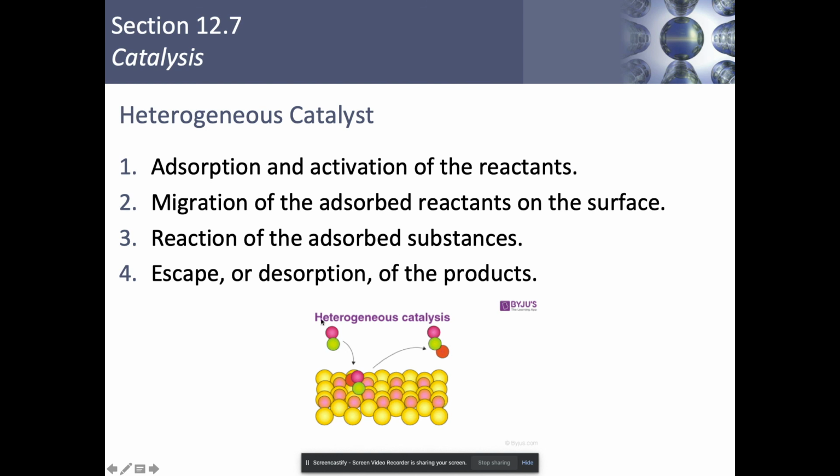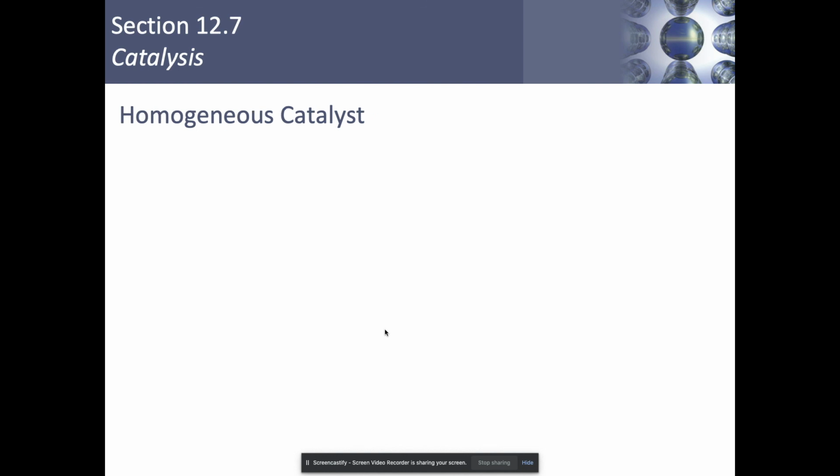That is what happens with heterogeneous catalysts: things stick to the solid. As a result of sticking, you have these little targets facing up that allow things to react in a more effective way.